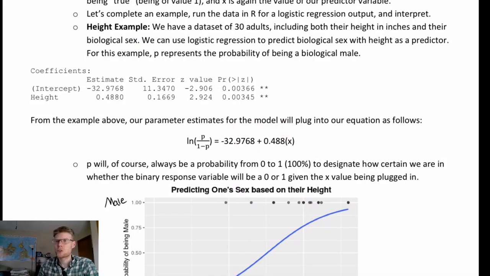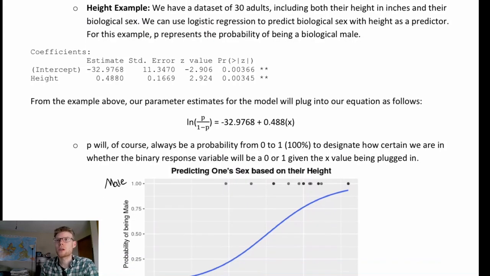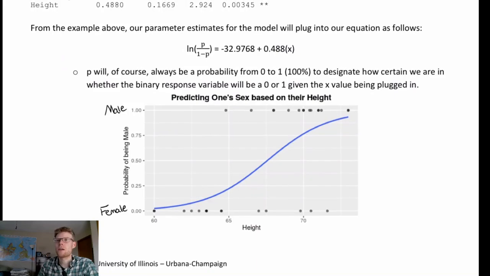For now, just this big idea: logistic regression is about predicting a binary outcome using one or more other predictor variables. In this case, with simple logistic regression, we're just using one predictor. So based on the value of this predictor, can we make an estimate for the likelihood of somebody having one particular outcome versus the other?